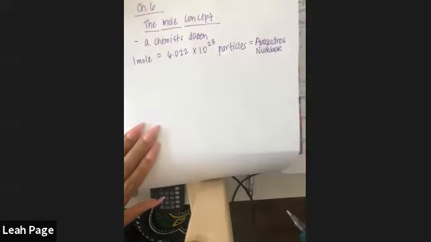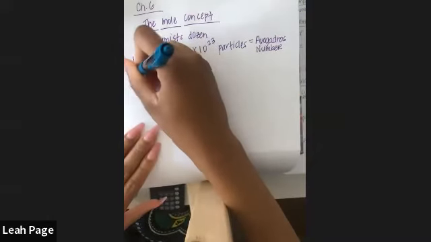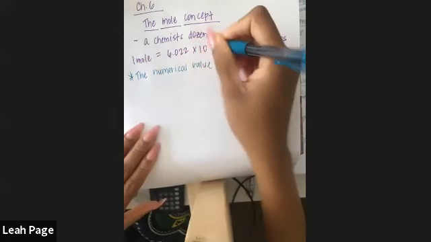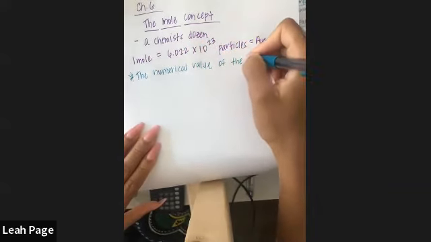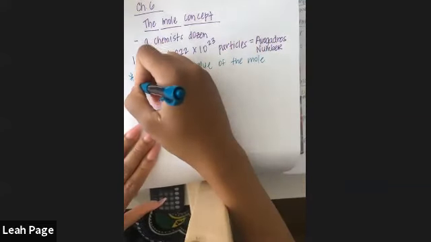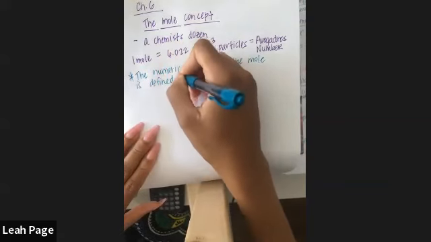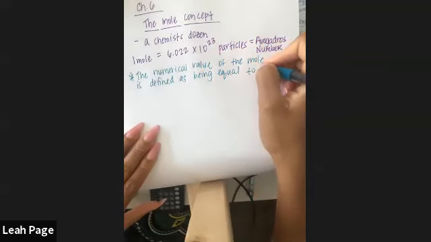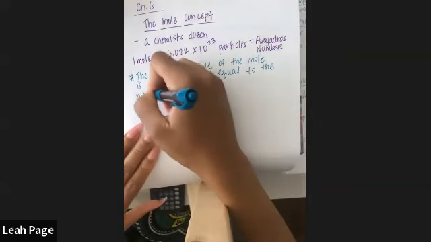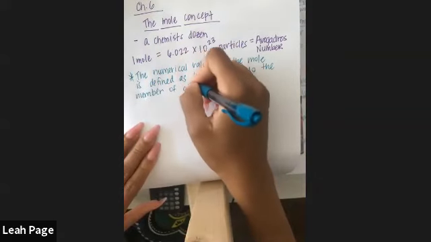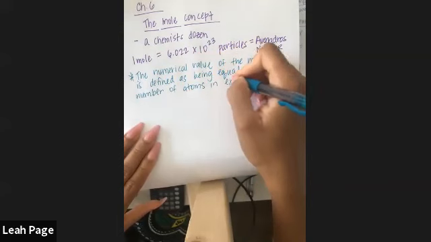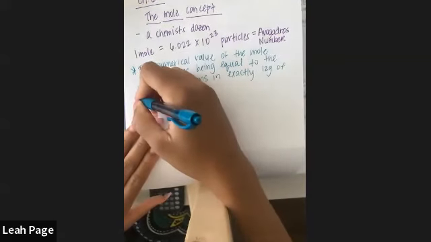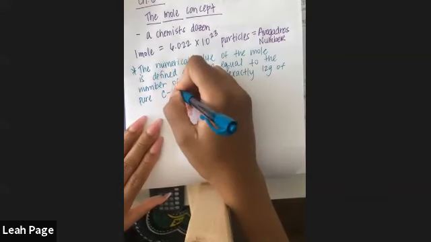Now what we say about the mole, the way we get this number, we say that the numerical value of the mole is defined as being equal to the number of atoms in exactly 12 grams of pure carbon 12.